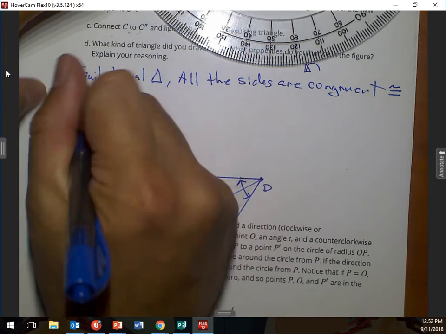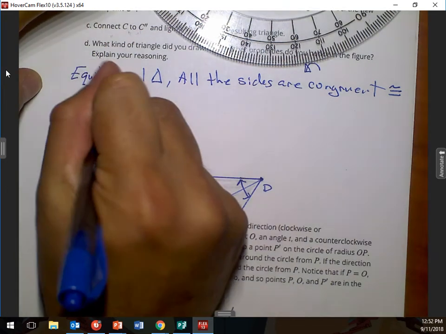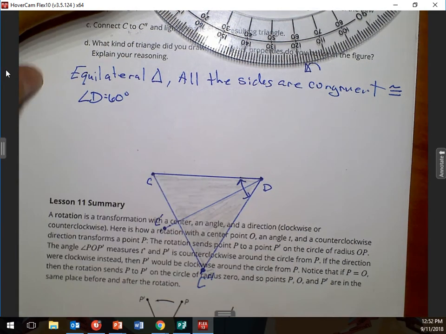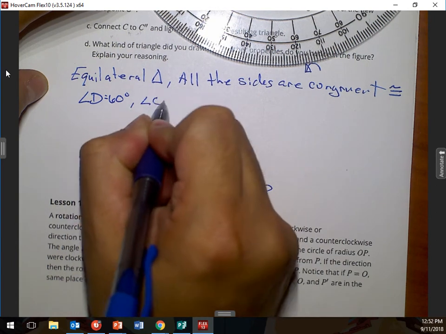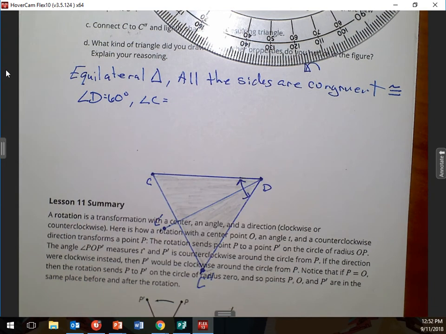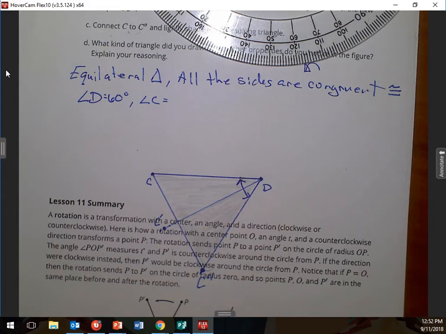So angle D is 60 degrees. Now, tell me what angle C is. Wait, I forgot how you measured it. Excuse me, I asked you to do something.